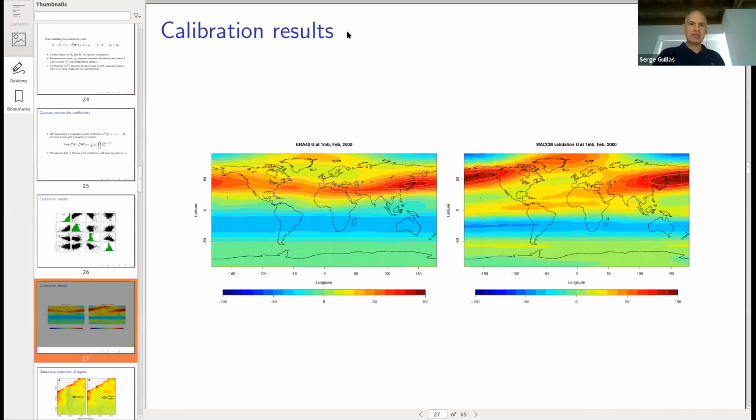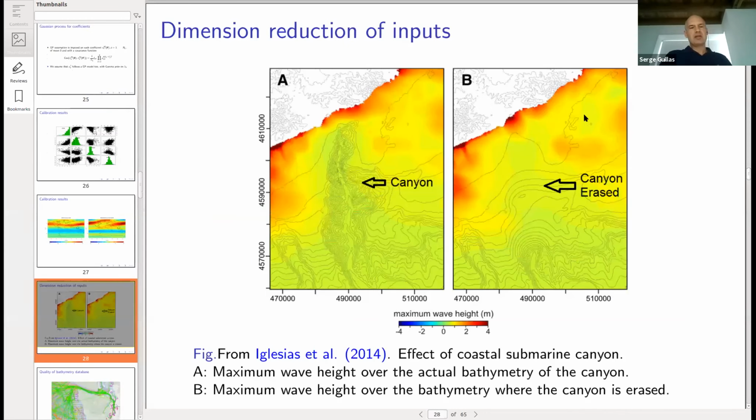Now, the last dimension reduction that I want to discuss is input dimension reduction. It's a different problem. It's again a tsunami problem, where we have an input that's an entire surface. It's the bathymetry. So here you can see that if there is a canyon, or if there's no canyon, this is a nice paper that looks at the tsunami impact at the coast of a canyon in the sea, and it's very large, right?